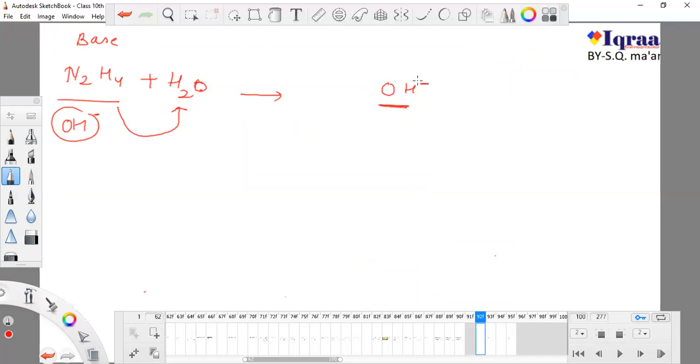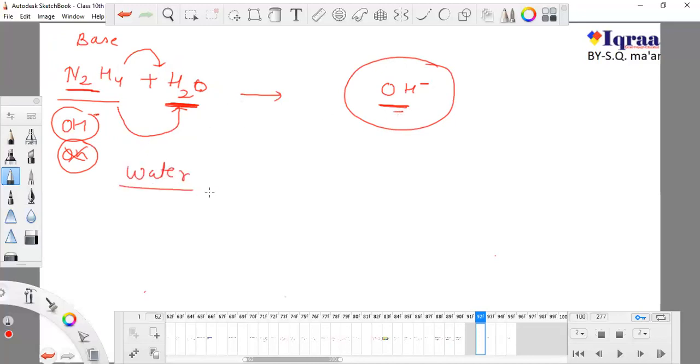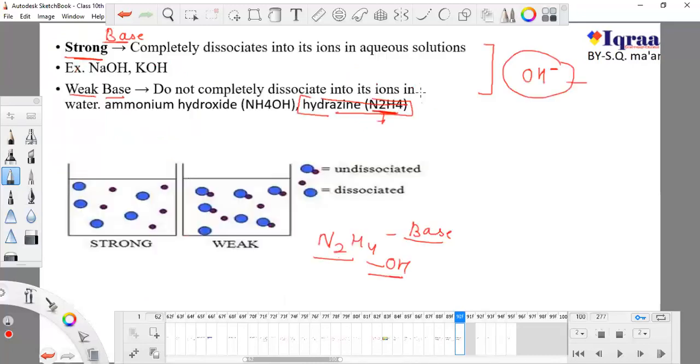So it pressurizes the water to release OH ions from water, even though it does not have any OH itself. So they are able to release OH ions when they come in contact with water, and that's why it is also a base.